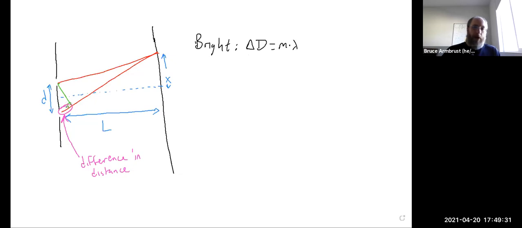All right, well, if I want to know this distance right here, I can use the right triangle to help me. And if we look at the angle that takes us up to this point, call this theta. So from the midline up to where we see the bright spot, that's actually the same as this angle in the right triangle.